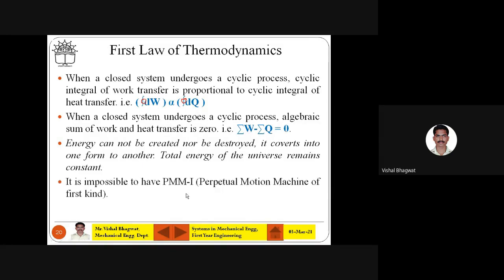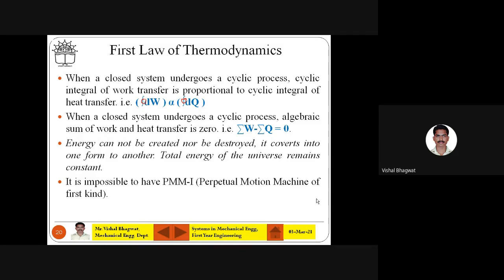Understood? Fine. Another way you can say it is that it is not possible to have PMM1, perpetual motion machine of first kind.